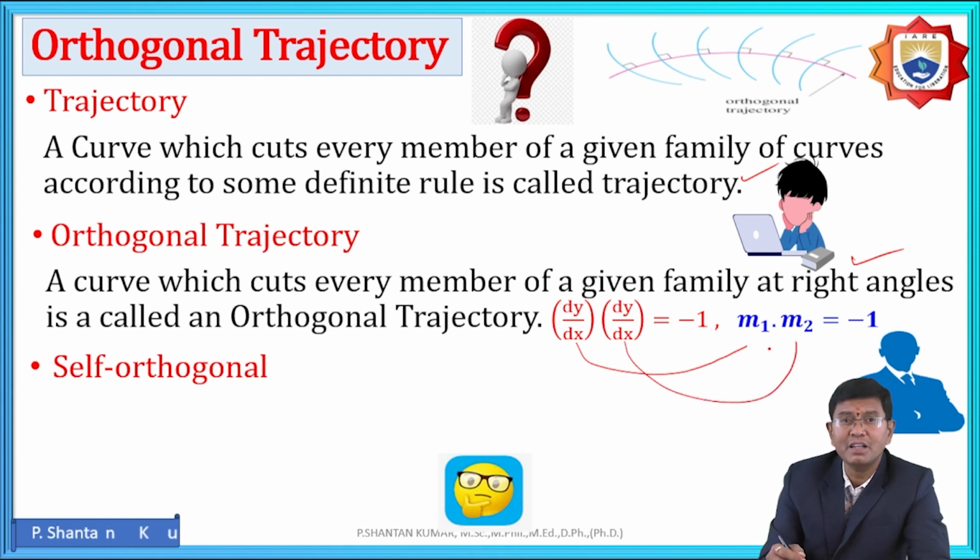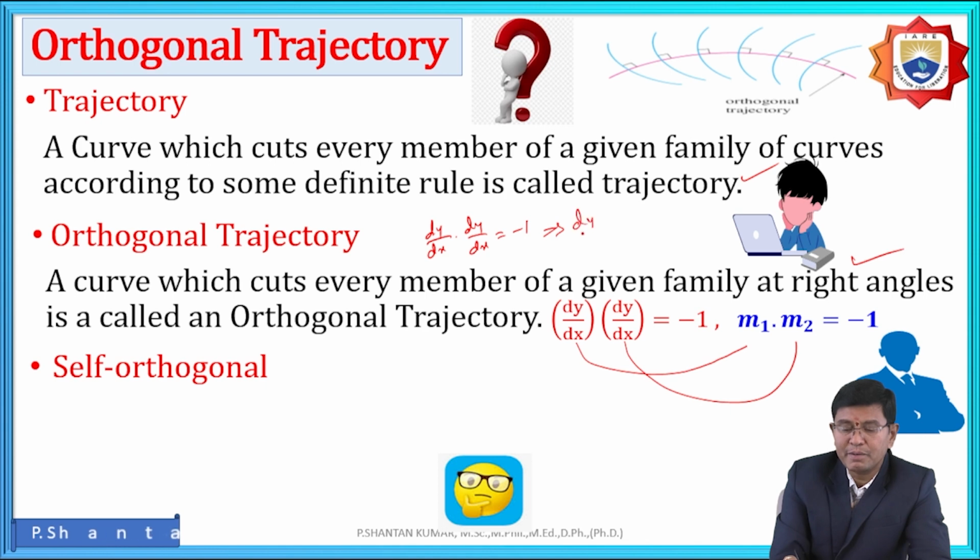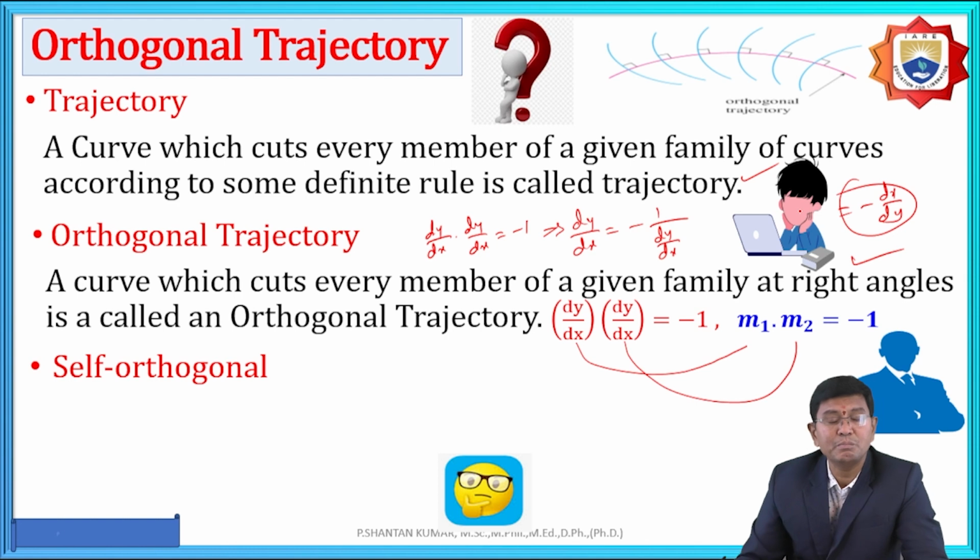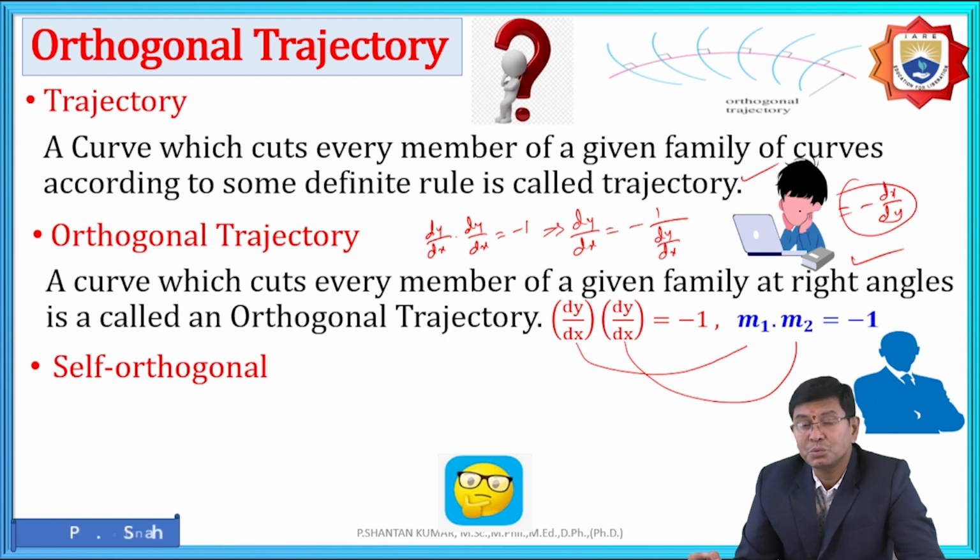And if it is orthogonal touching, m1 m2 is equal to minus 1, that is dy by dx into dy by dx is equal to minus 1, and here dy by dx is equal to minus 1 by dy by dx, that is minus dx by dy. Based upon this simple logic, remember it, then it is easy to do the problem.